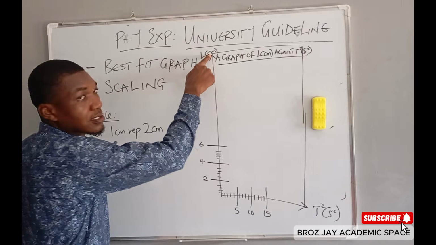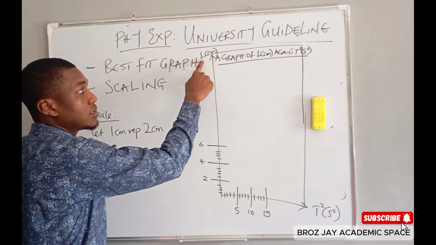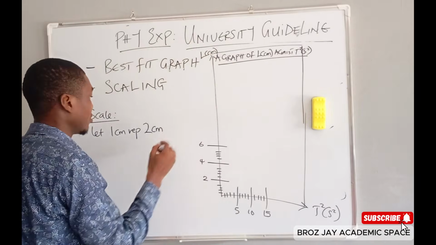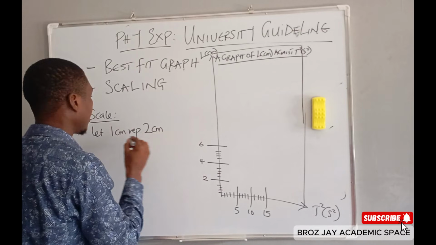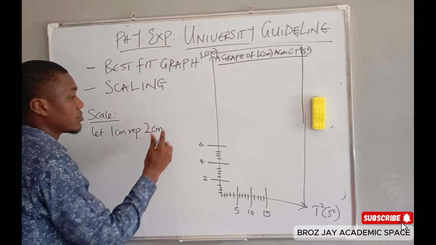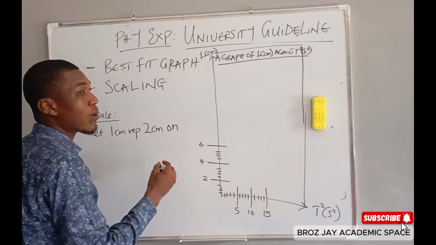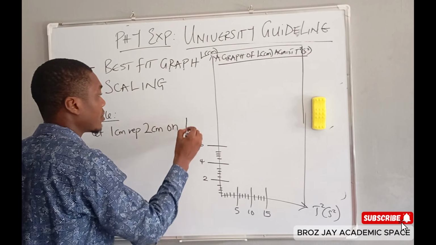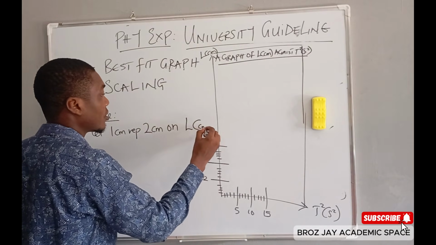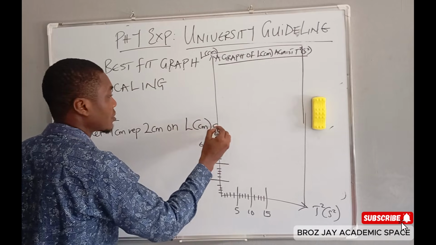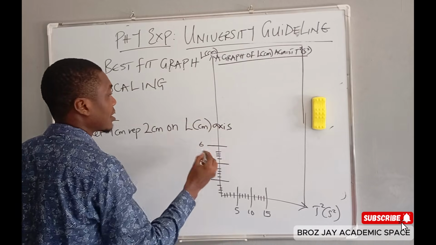The unit here is centimeter. So always use the quantity and the unit. Let 1 centimeter represent 2 centimeter on the L (cm) axis. And this is the standard way to write your scale.